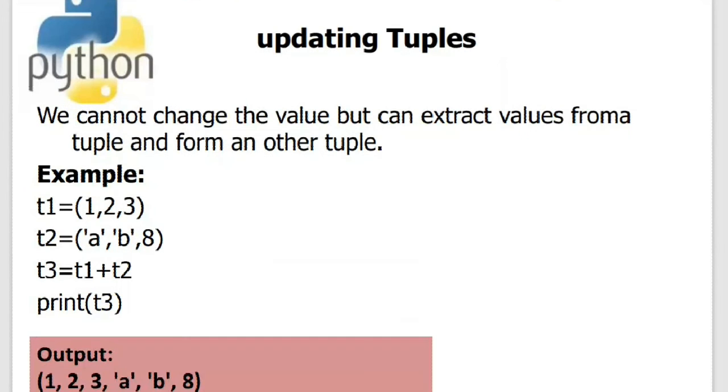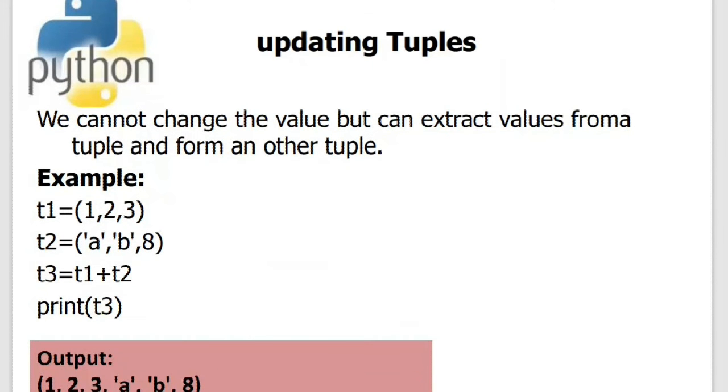So the next concept is how do you update tuples? We cannot change the value, but we can extract values from one tuple and another tuple. So this is tuple 1. Because tuples are immutable, you cannot make any changes. So T1 is equal to 1, 2, 3, and T2 is equal to this one.